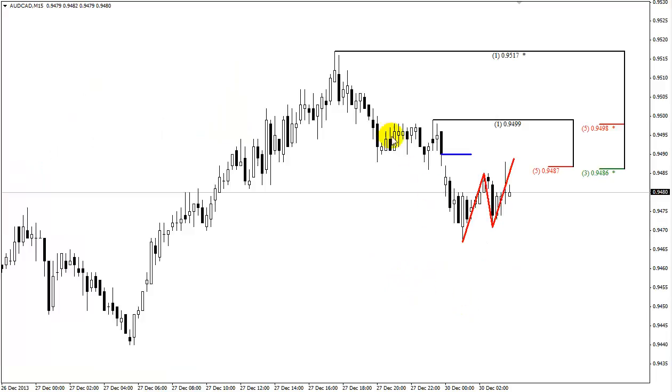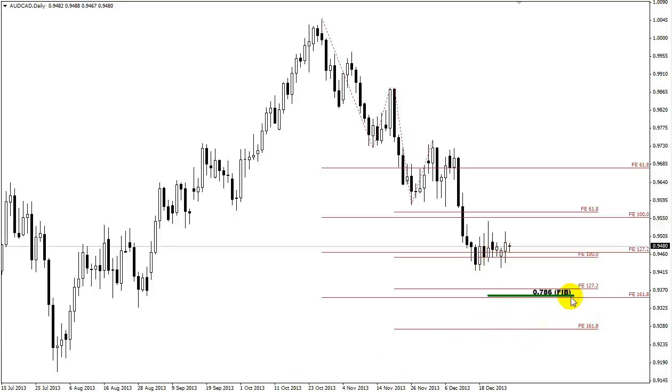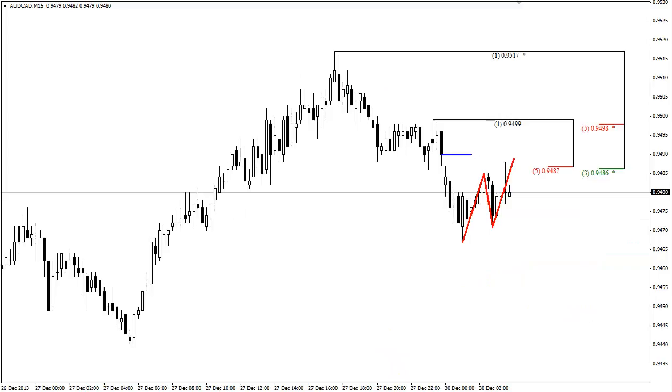Take a look here. If the market will really go to form this butterfly on the 93.45 and to reach these targets that are on the same zone of the butterfly, maybe we have some trade opportunity here, because on the 15-minute chart we see this downward movement, and we can see that the market has made some ABCD to the upside, which is a bearish one, right at the confluence resistance area.